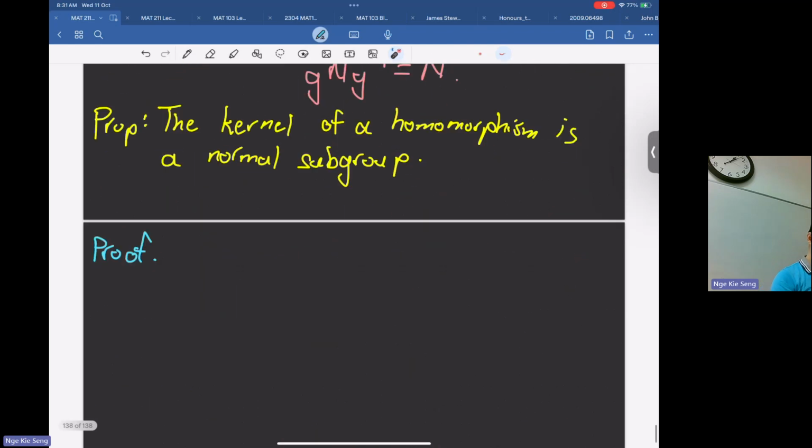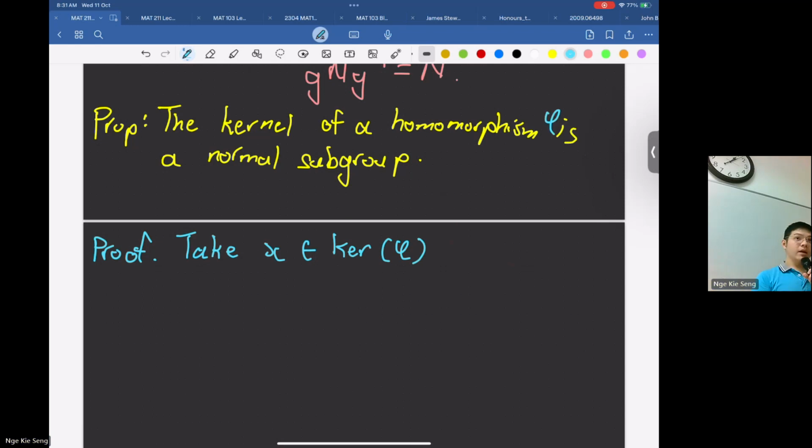So let's take an element x from the kernel of phi, and also take g in our group.